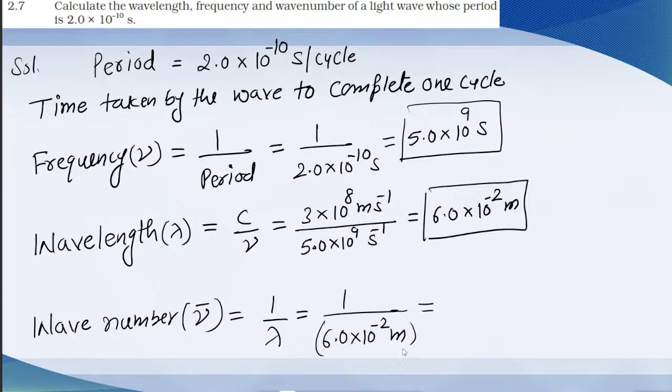So it is equal to 100 over 6, that is 16.666, means let us take 16.67 per meter.